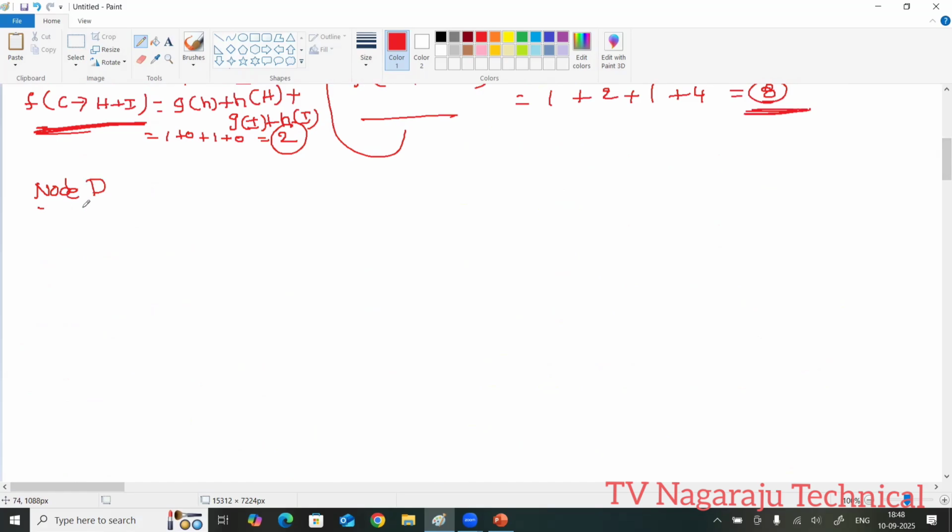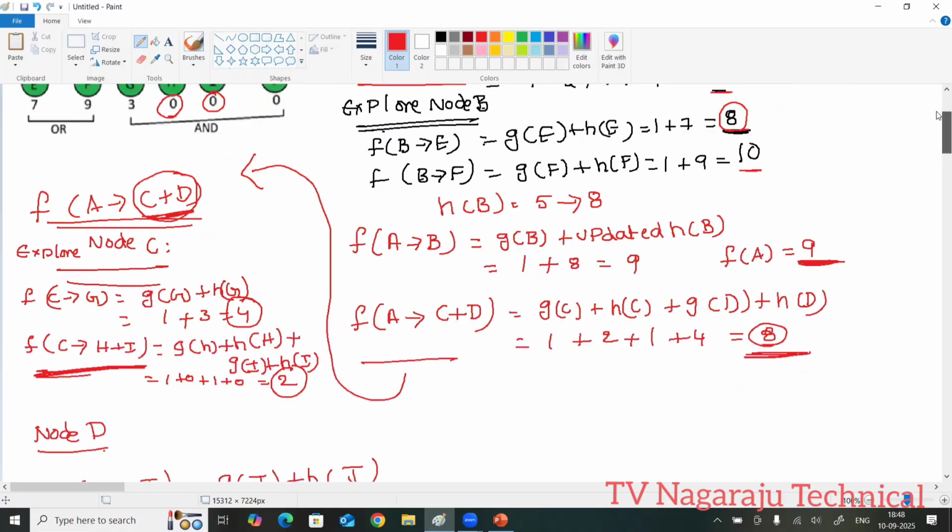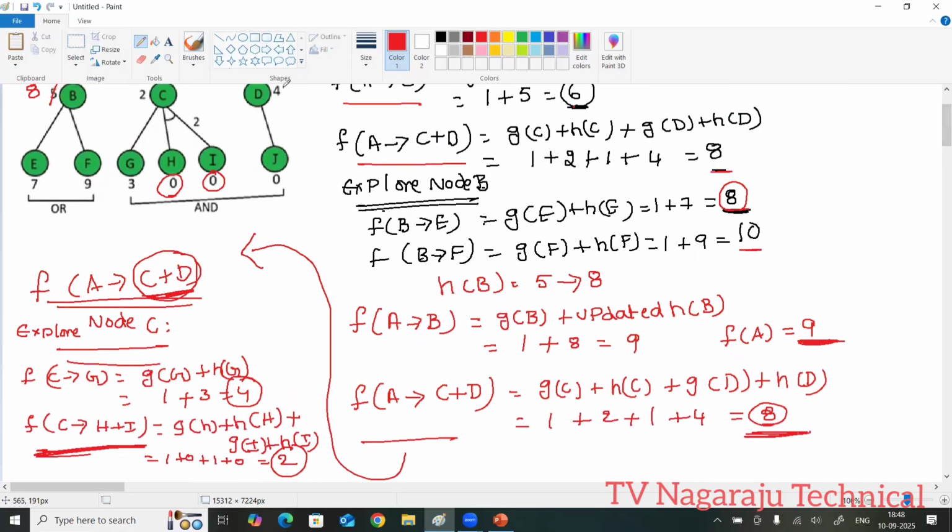So explore node D. F of D to J: what is G of J plus H of J? G of J value 1, H of J value 0. The value is 1. Now, whenever the value is 1, here what is the value? 4.